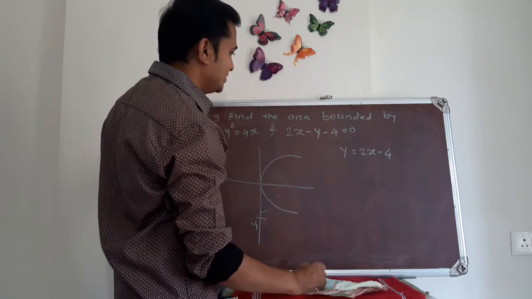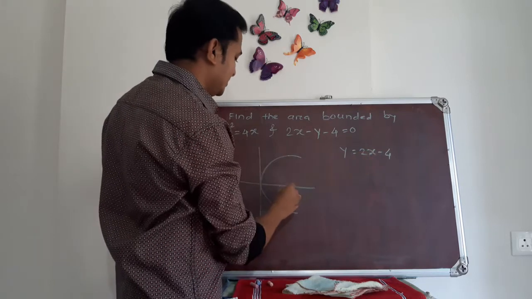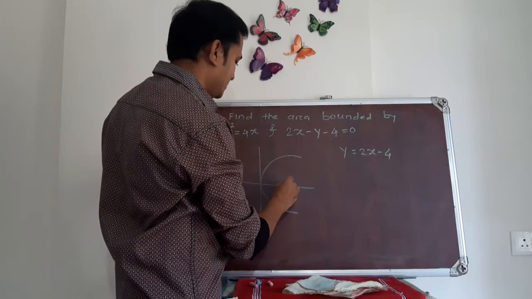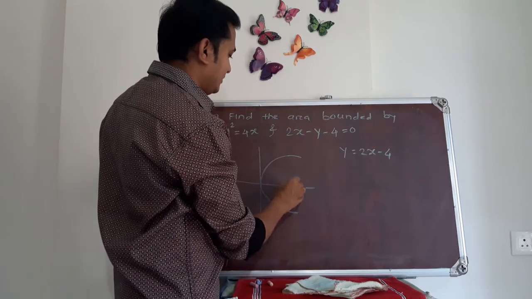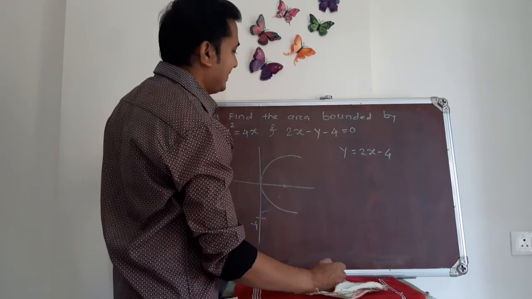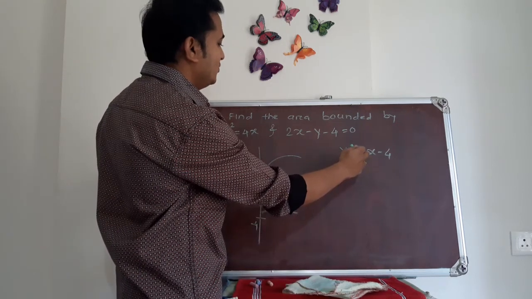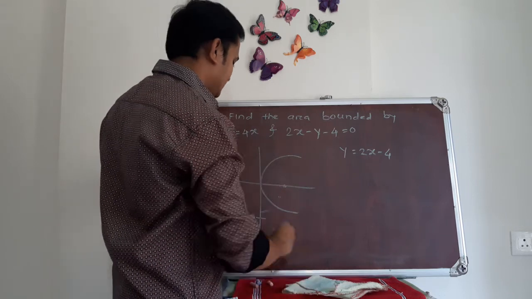Then put x is equal to 2, so this will become 0. Put x is equal to say 4, then 8 minus 4, so something like this.